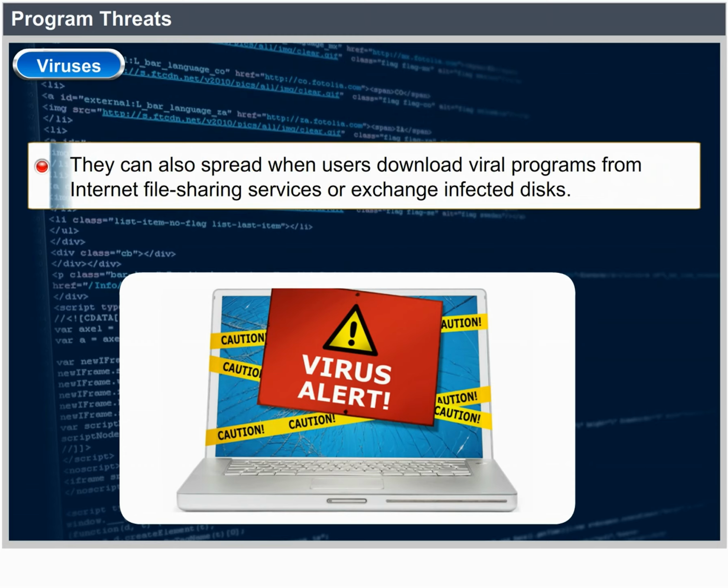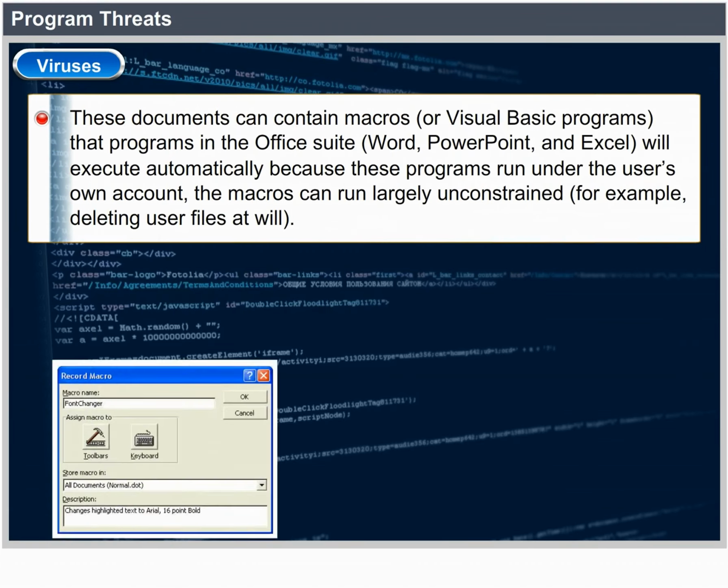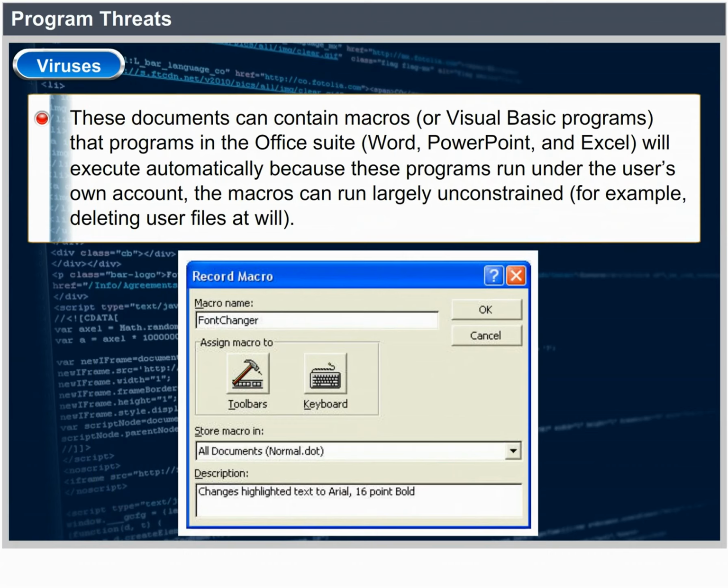Another common form of virus transmission uses Microsoft Office files, such as Microsoft Word documents. These documents can contain macros or Visual Basic programs that programs in the Office suite, Word, PowerPoint, and Excel will execute automatically because these programs run under the user's own account.